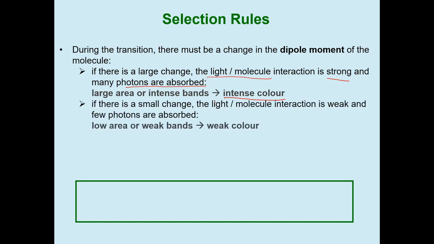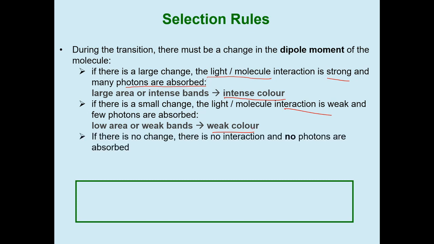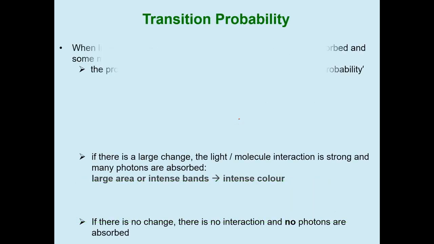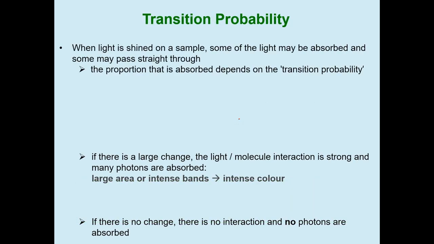If there is a small change, interaction is weak and you get a weak band. If there is no change, there is no interaction and no photon is absorbed. So in short, the selection rule tells us which transitions give no change in dipole moment and hence have zero intensity.